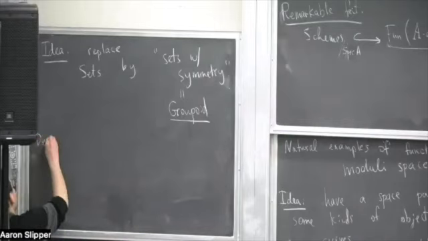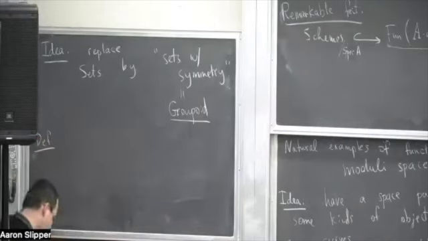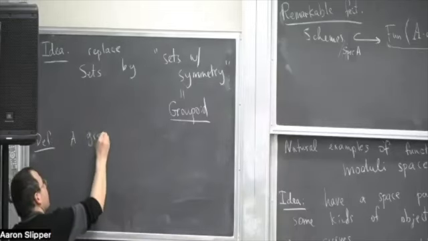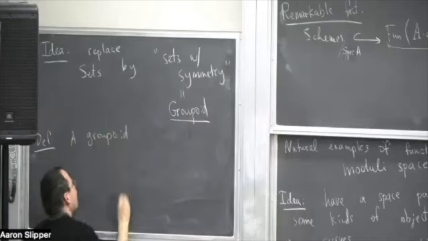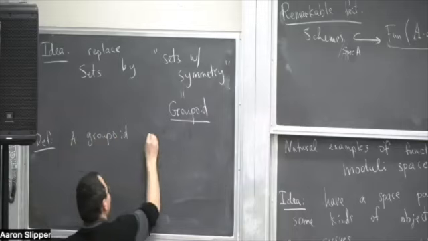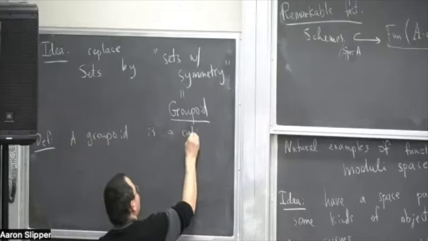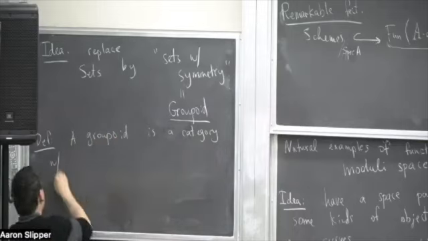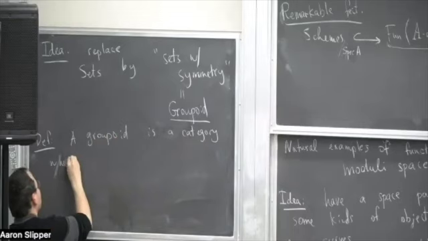There's a more algebraic definition, but let me give a more categorical definition. A groupoid is a category where every morphism is invertible.